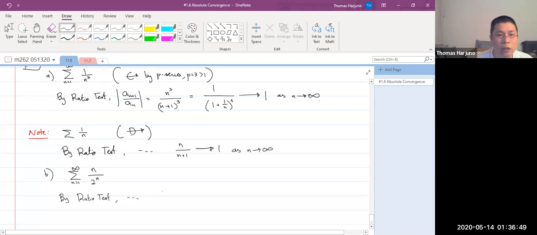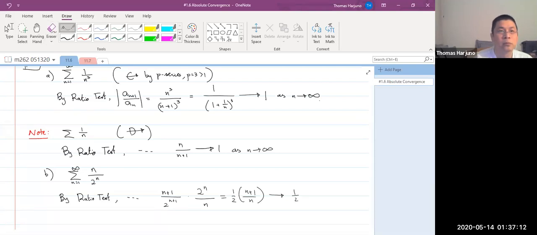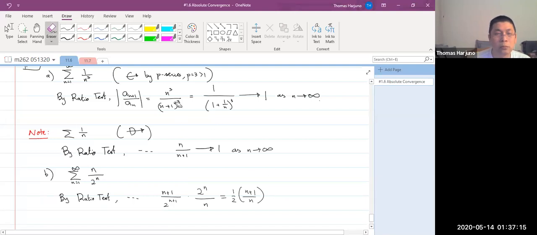I will get (n plus 1) over 2 to the n plus 1, times 2 to the n over n, which is (n plus 1) over n times 1/2, which converges to 1/2. So this is convergent by ratio test.